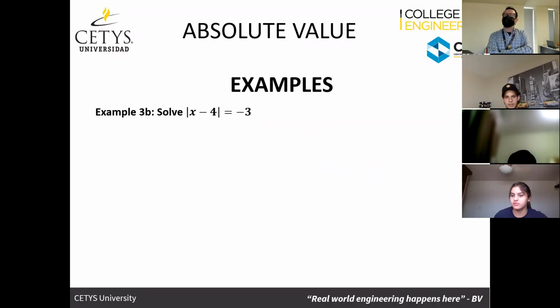Okay, you separated it into two, positive and negative. Could you say that again, Alfredo? I separated the equation into two. I made a positive version and a negative version. Okay, we could do that. But let's look at the equation. It says the absolute value of x minus 4 is equal to minus 3.